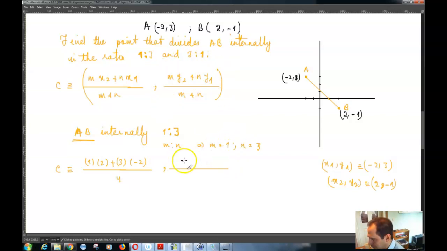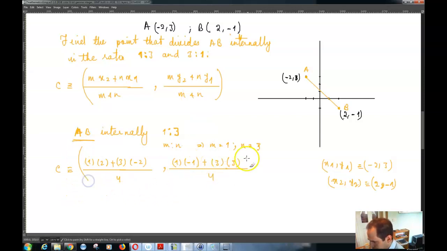The y coordinate of the point is 1 times y2, which is -1, plus n times y1, which is 3 times 3, over 4.